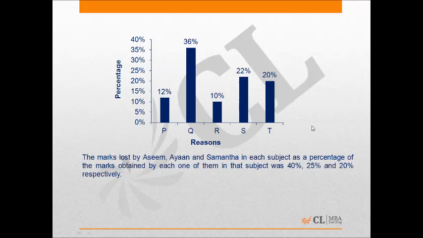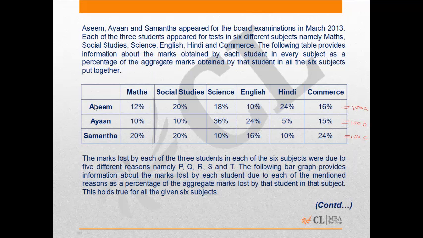What is this 40%, 25% and 20%? For Asim, it is 40%. For Ayan, it is 25%. For Samantha, it is 20%. Let's take an example.